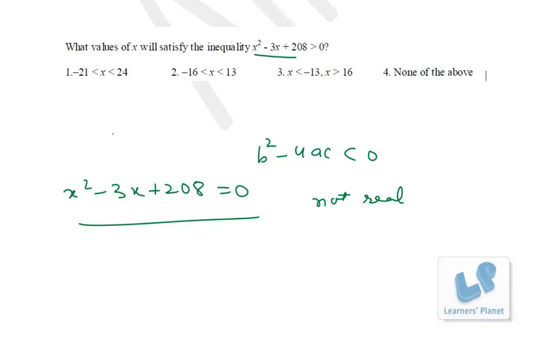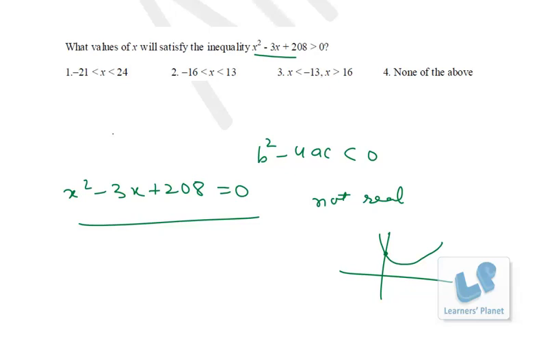The graph will be something like this. At x equal to 0, y will be 208, so this is the point, but this parabola will never cut the x-axis. That means y is never 0. So the value of this expression will never be 0, and in that case it is always positive.